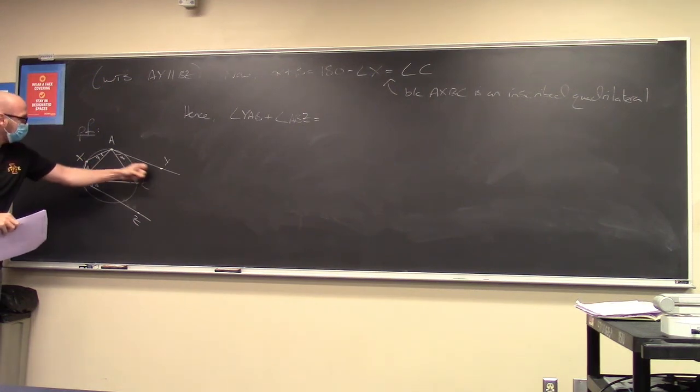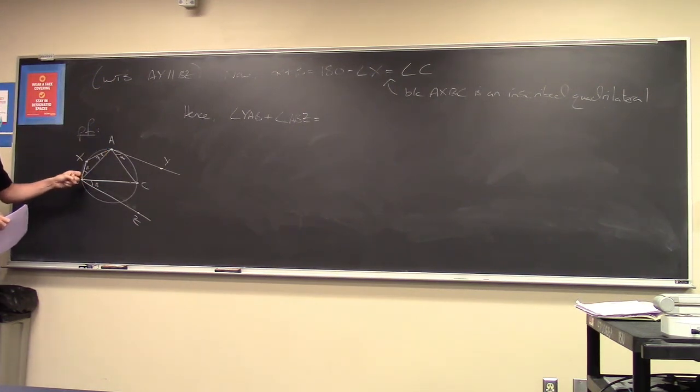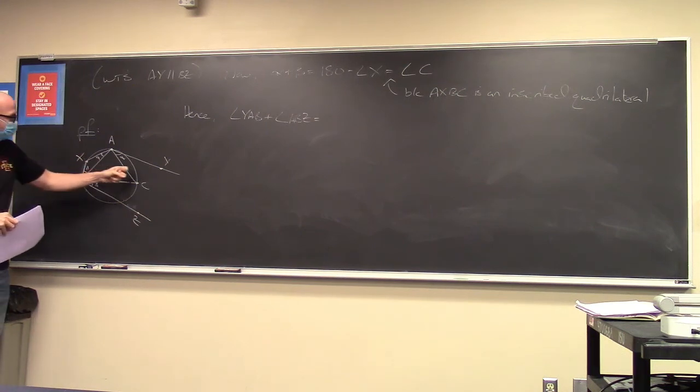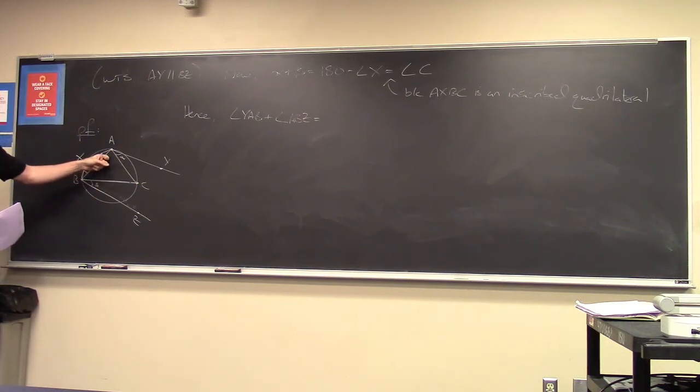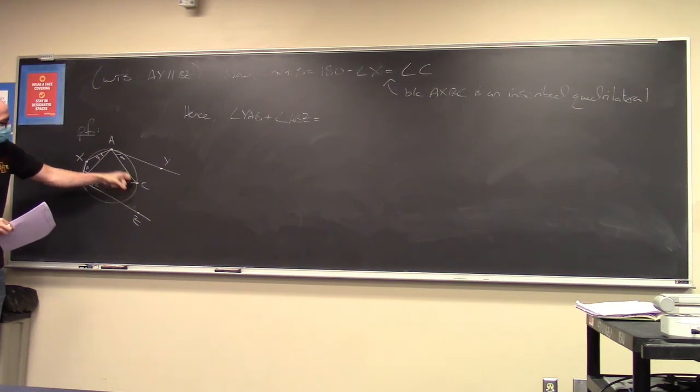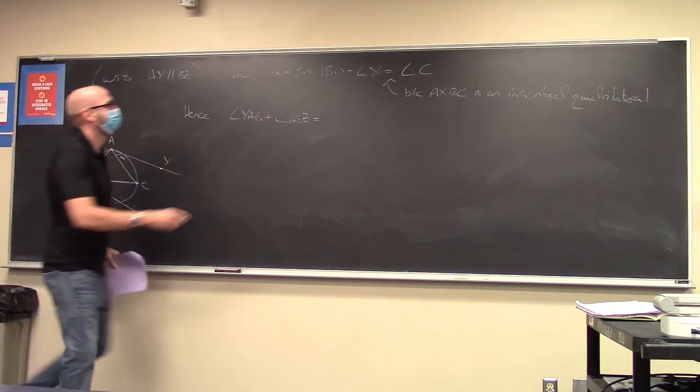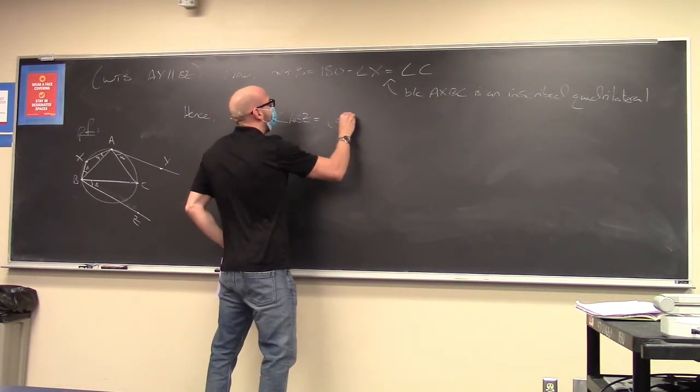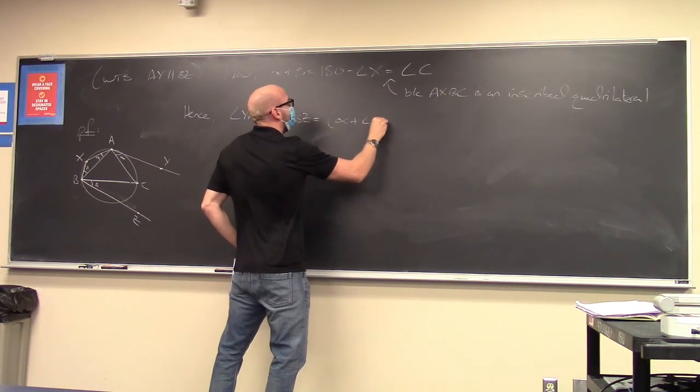Angle YAB is the sum of two different angles, right? It's the sum of angle alpha plus this angle here, which I'm just going to call angle A. Do I want to call it angle A? Let's not be lazy. Let's call it angle CAB. So this is alpha plus angle CAB.